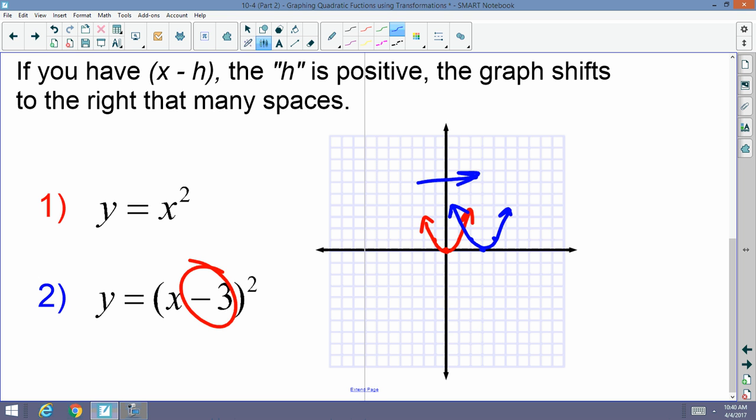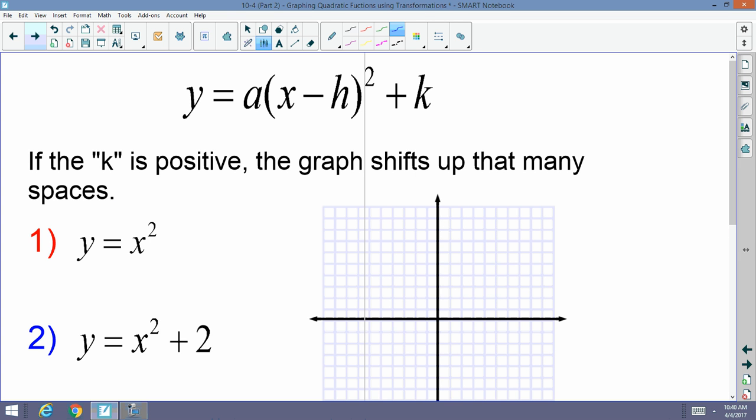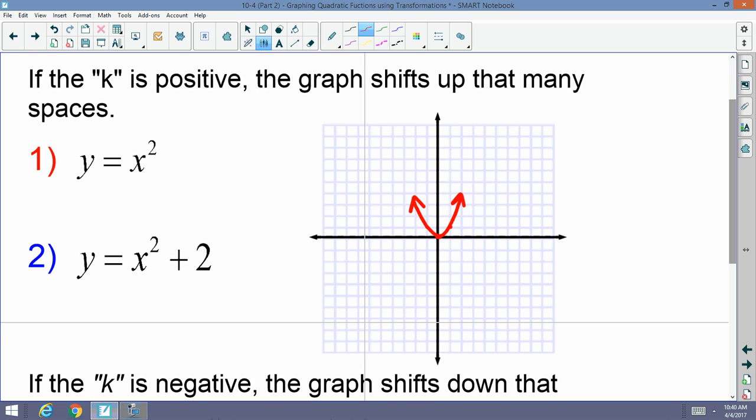Yes? Okay. Next, K. The K is a vertical shift either up or down. There's no opposites. If the K is positive, you shift up. If the K is negative, you shift down. So let's prove it. My parent function, y equals x squared, we got right here. And now I've got y equals x squared plus 2.